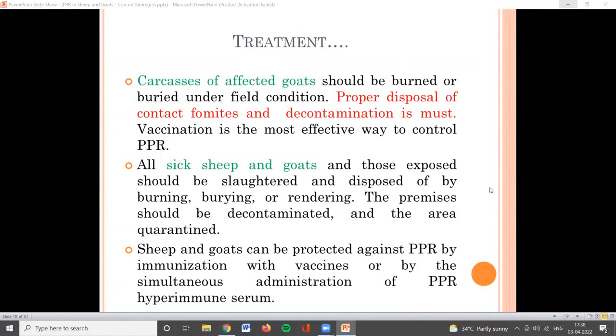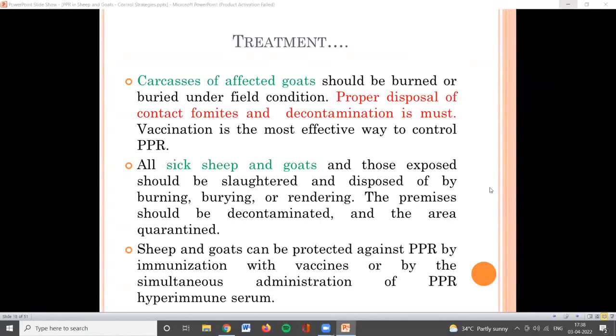In our lab condition, we incinerate all the carcasses affected with this disease, whether control, vaccinated or unvaccinated. Proper disposal of the contact fomites and decontamination is very important to prevent the spread of the disease.